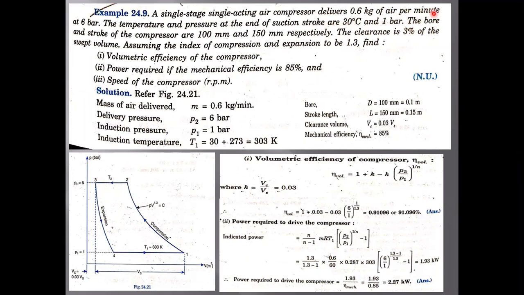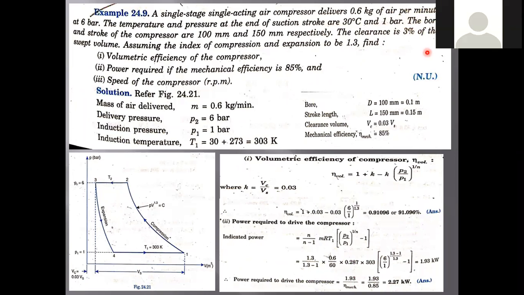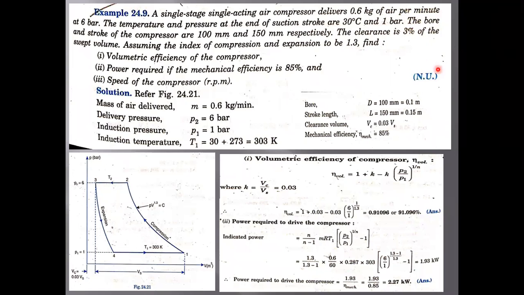Since he has given that per minute, but we need to calculate the indicated power in kilowatts, nothing but kilojoule per second, we need to convert that to seconds. So we have divided by 60, and that into 0.287, which we already know, 0.287 kilojoule per kg Kelvin, into 303, which is T1, the given value, and 6 by 1.